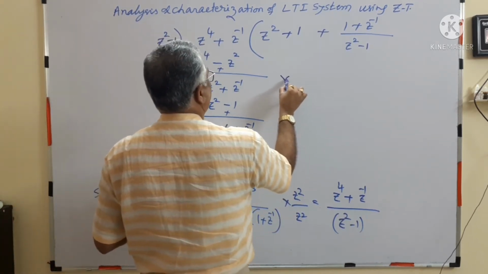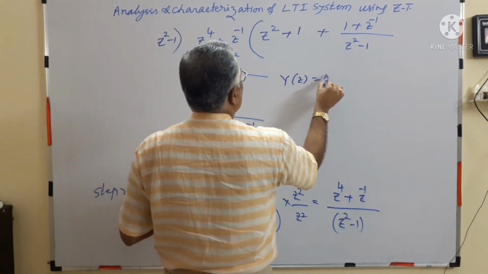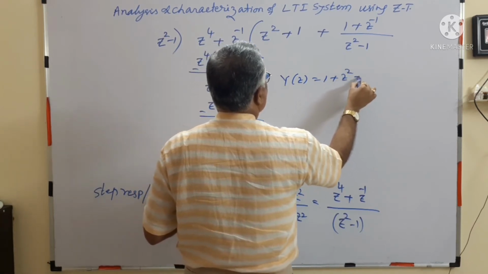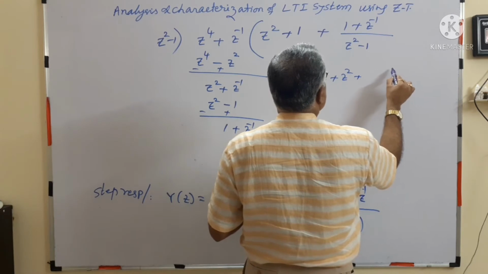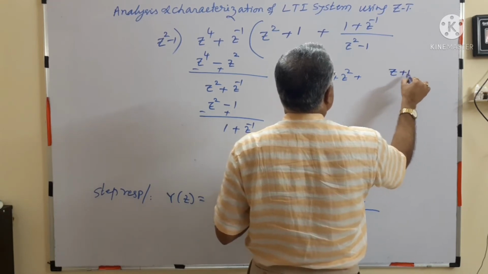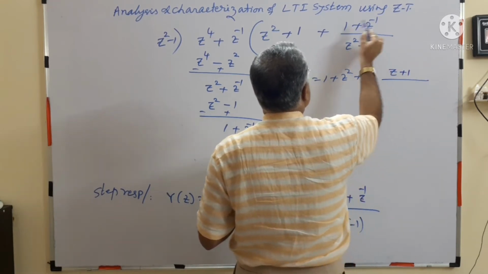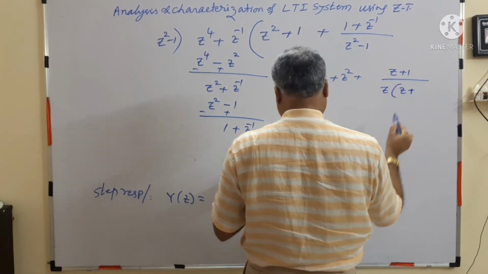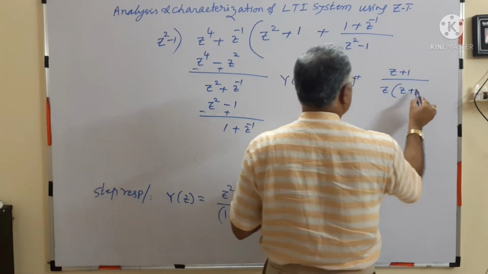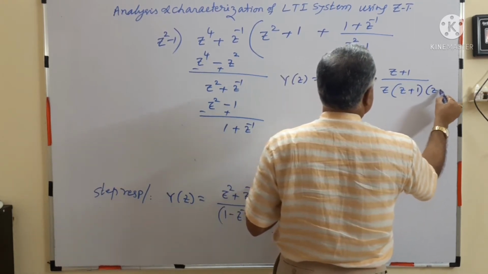So Y(z) equals 1 plus z square. Convert into positive. You will get (z plus 1) by z into (z plus 1) into (z minus 1).